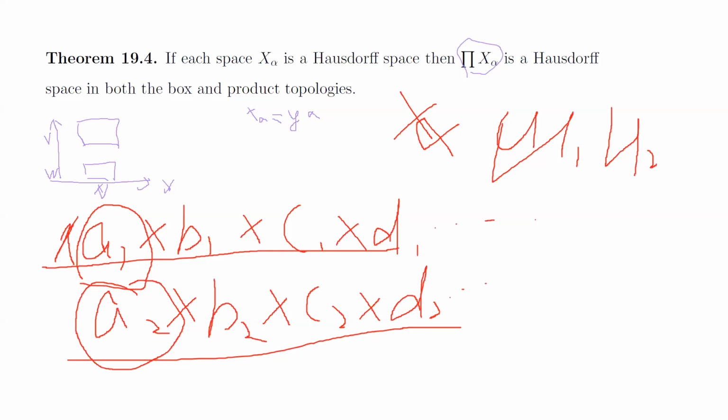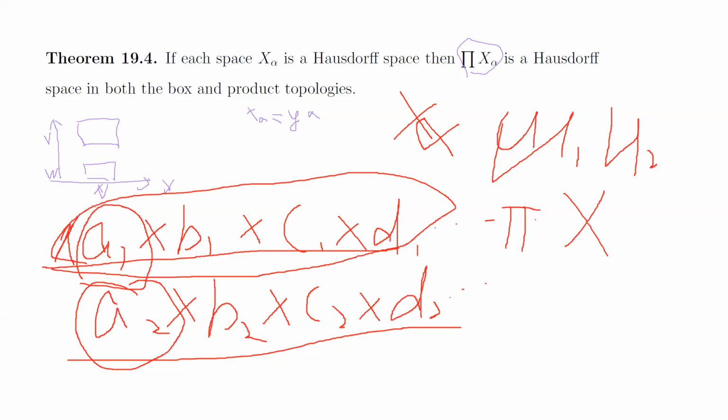This point maybe belongs to some other product topology or box topology, and their intersection is disjoint because U1 and U2 are disjoint.